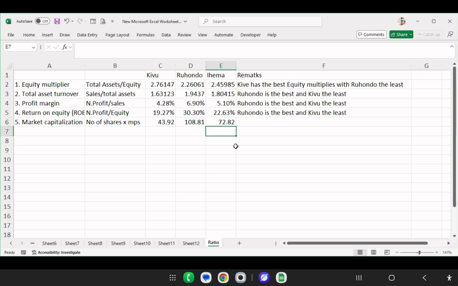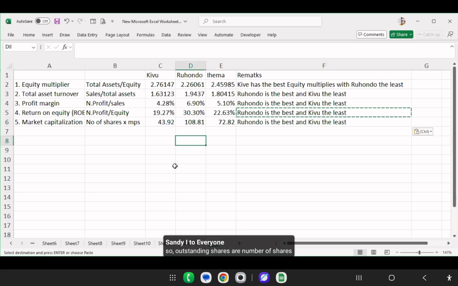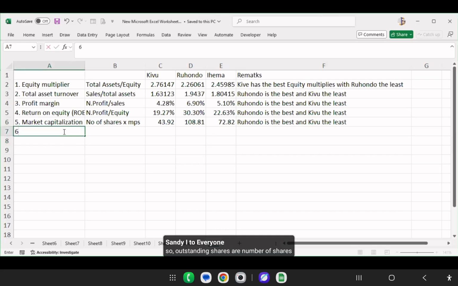So when you look at this one, Ruhondo again has the highest value, Kivu the least. Ruhondo is the best in valuation, Kivu is the least. This helps you analyze very well because you are looking at item by item.